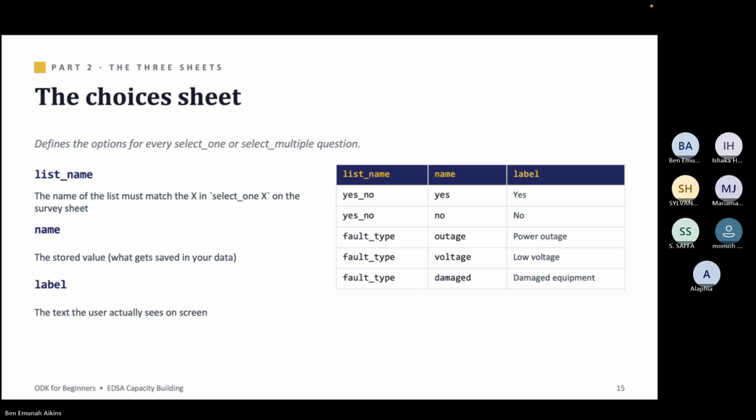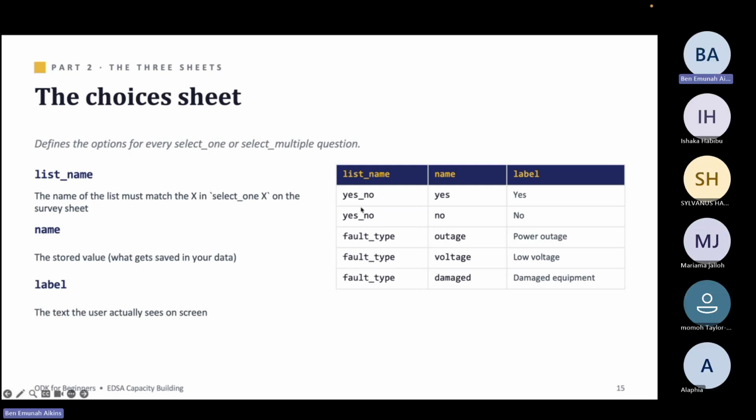Now, you see how over here we have yes or no. The first one that we want to define is the yes. You can see that the yes is under the name column, a small case yes. On the label side, it's a capital Y and ES.